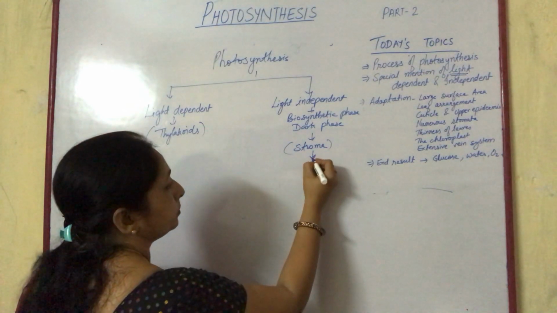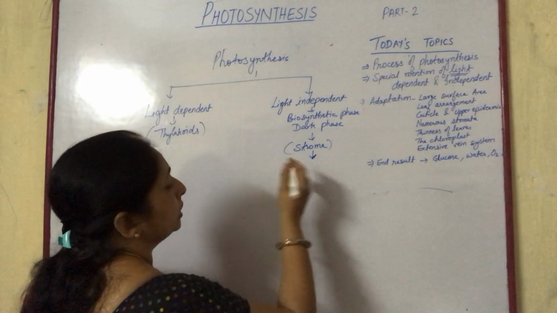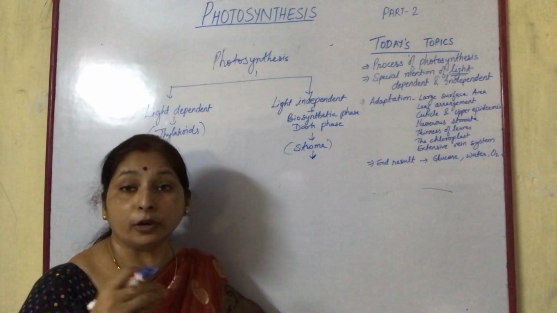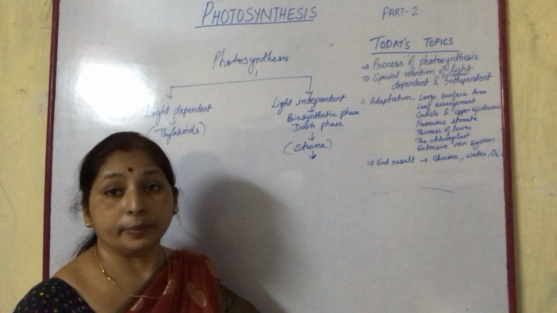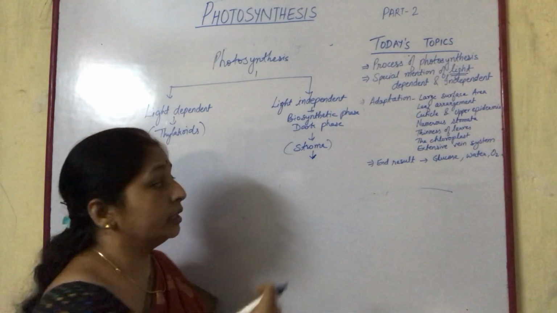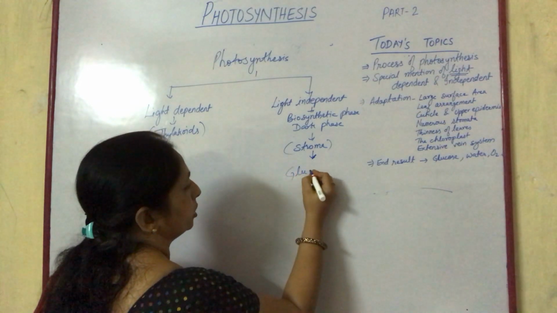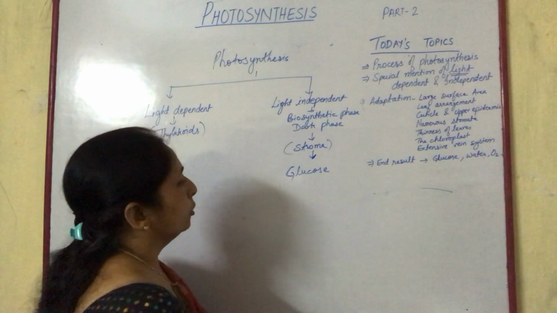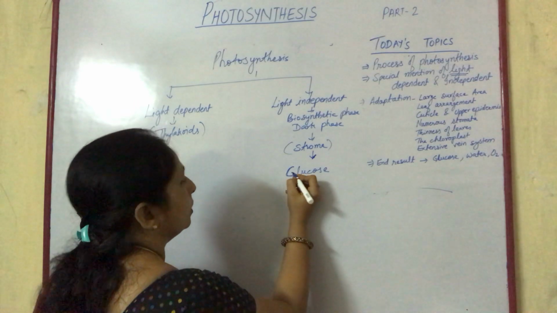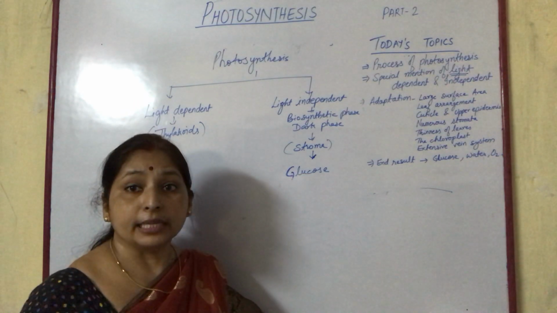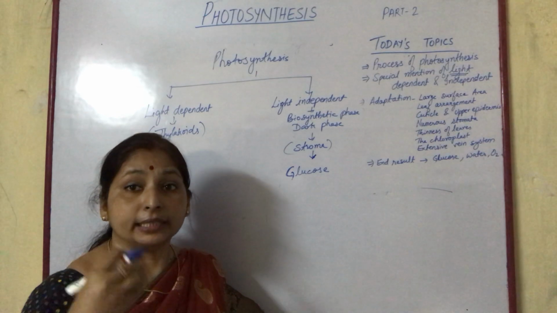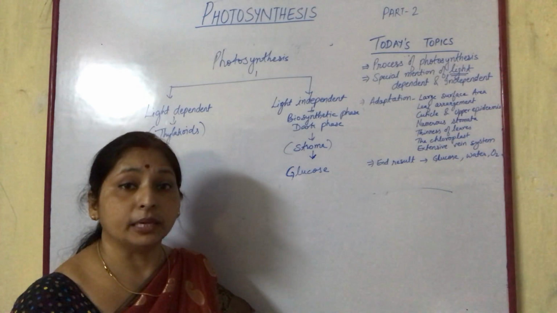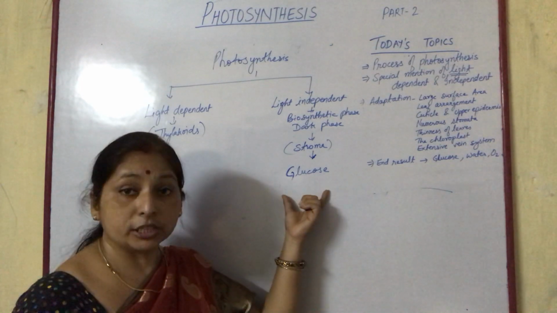In the dark phase, the chemicals formed during the first step, the light dependent phase, are further processed and glucose is formed. This glucose may be utilized by the plant directly, but the rate of consumption is not as much as the rate of production of glucose.